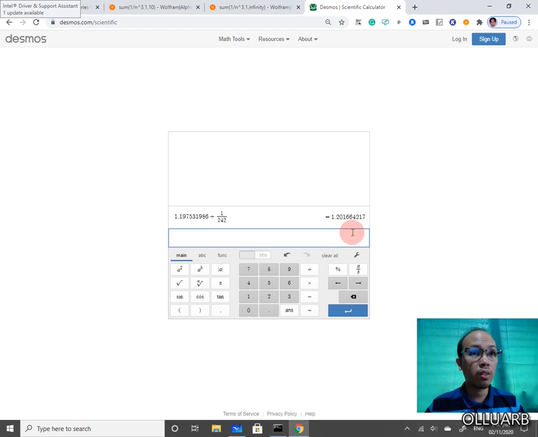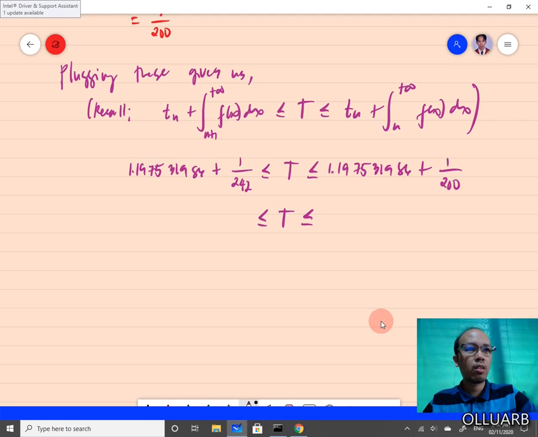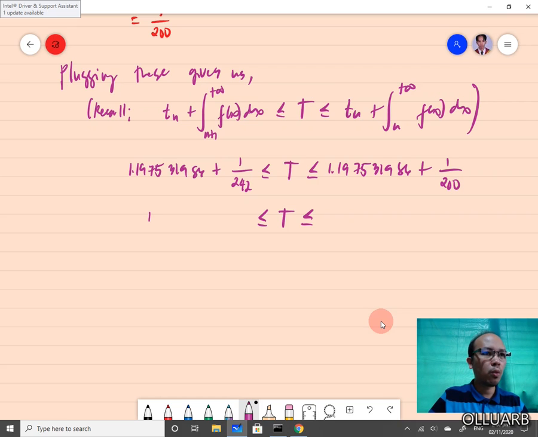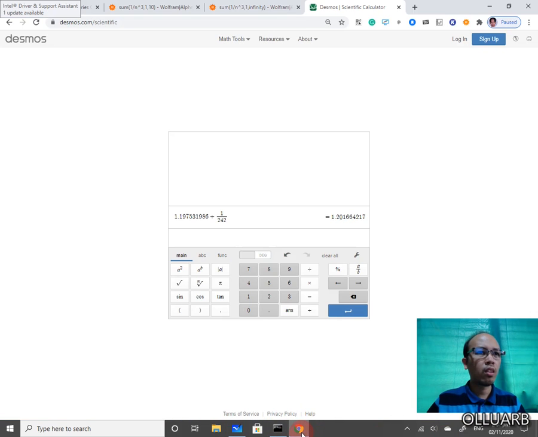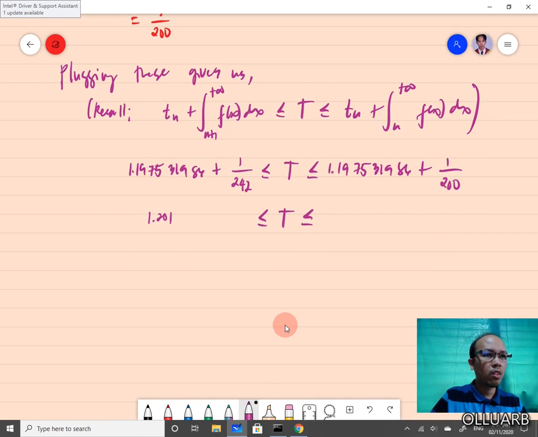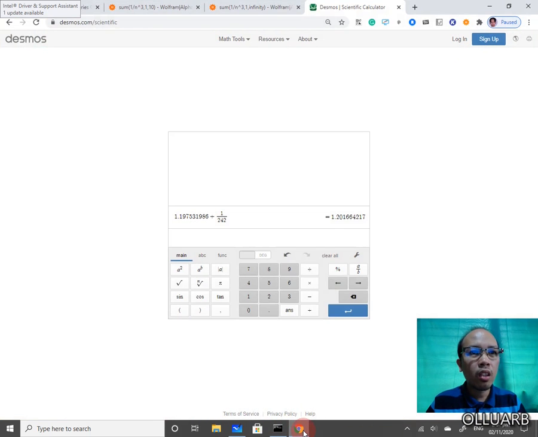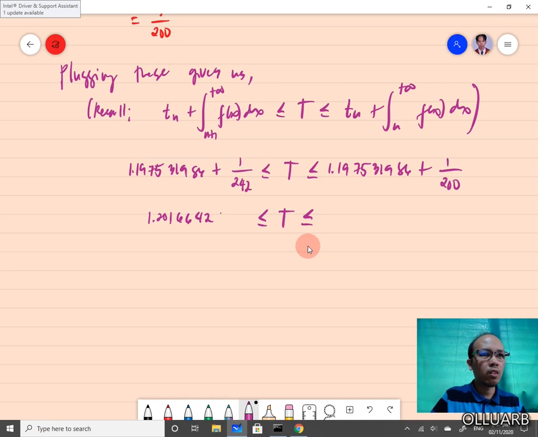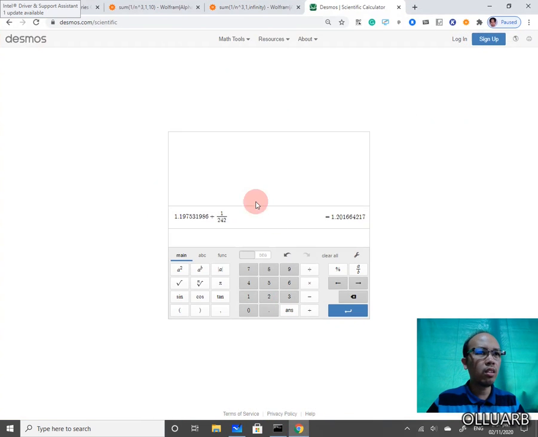So this is the value, 1.2016642 17. And on the right hand side, so let's copy this, control copy, paste, and this is over 200.